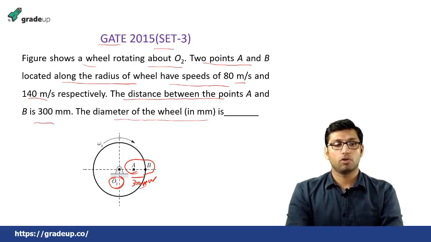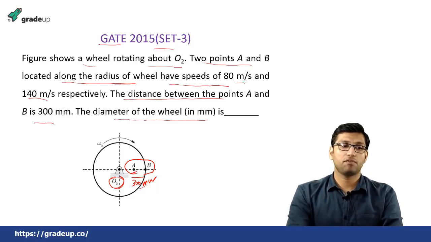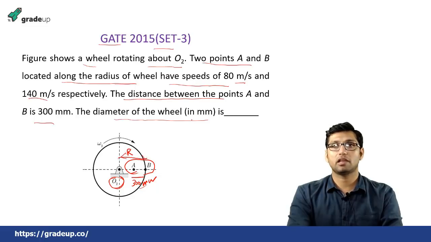So how can we find the diameter? If you know the radius of this wheel, you can easily find the diameter. Suppose the radius of the wheel is equal to R. Now since this body is rotating, the angular velocity of points A and B, located along the radius of this rotating body, will be equal.